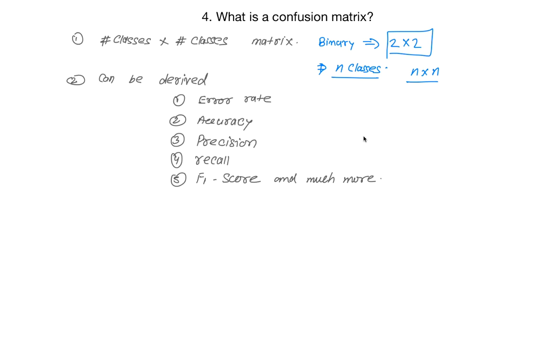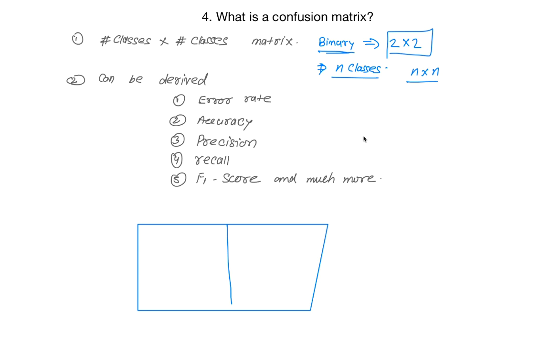In a confusion matrix, let's talk about a binary classification for simplicity. As I said, this is a table, and this is a 2 by 2 table, and in this 2 by 2 table, you can say this is the actual class, and here we have the predicted class.